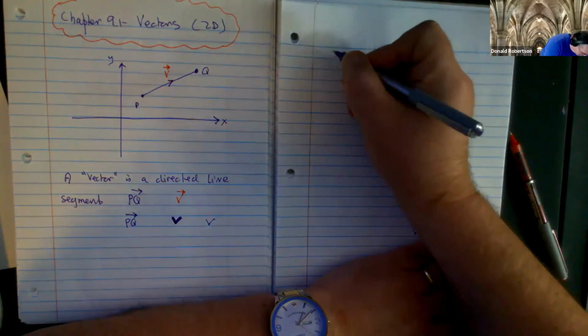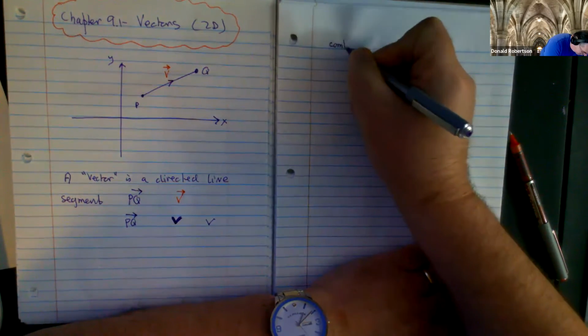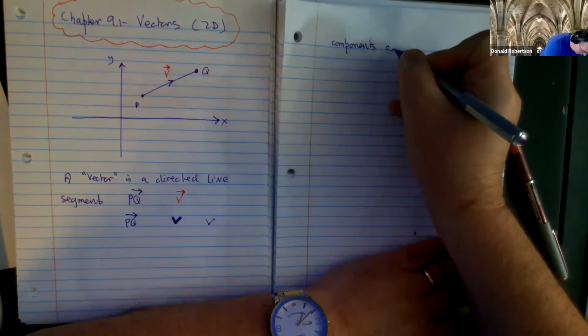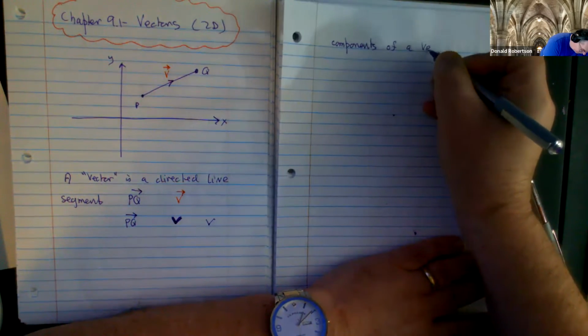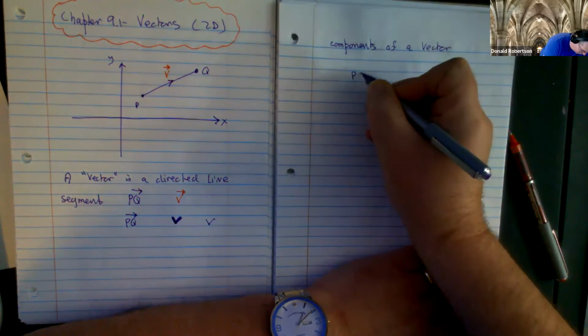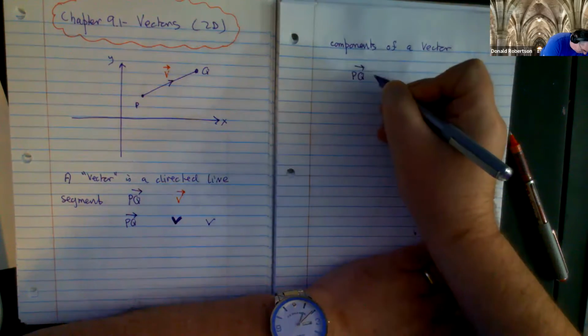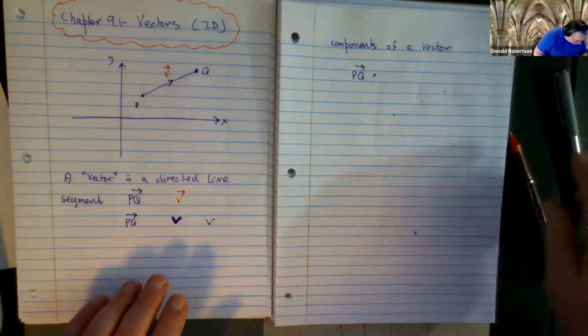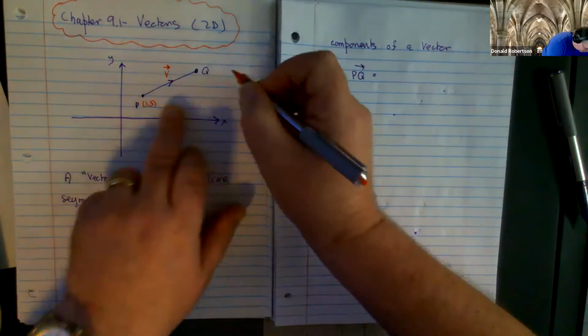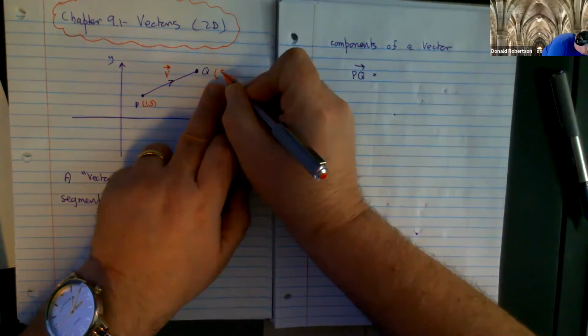Let me show you what are called the components of a vector. If I say take the vector PQ, let's suppose I tell you the coordinates of P are (1, 3), and the coordinates of Q are (5, 9).